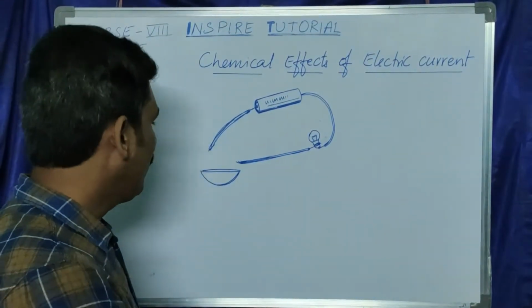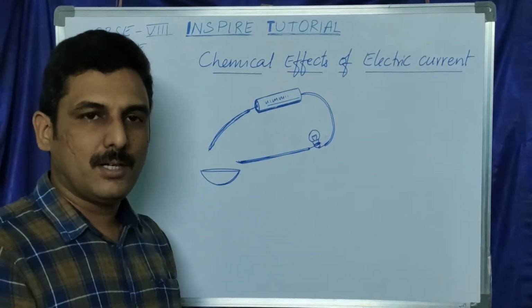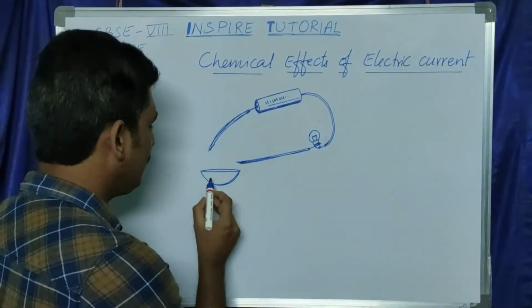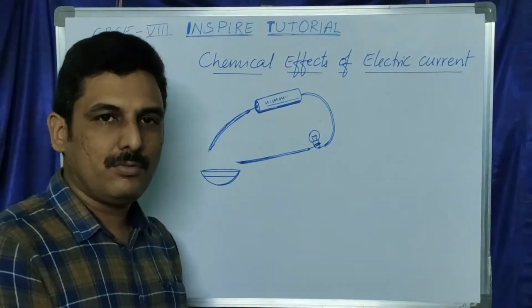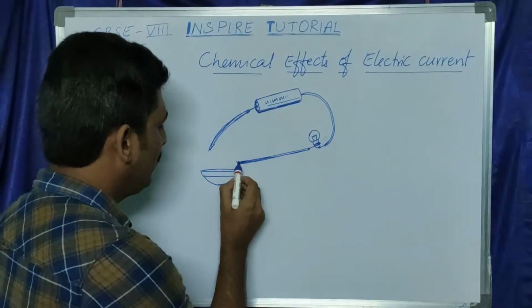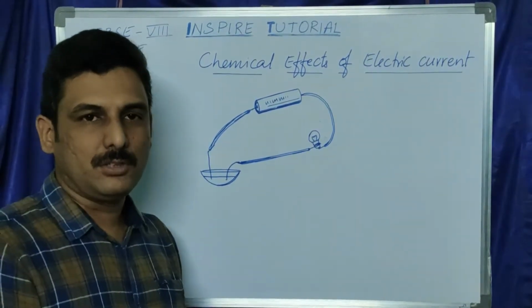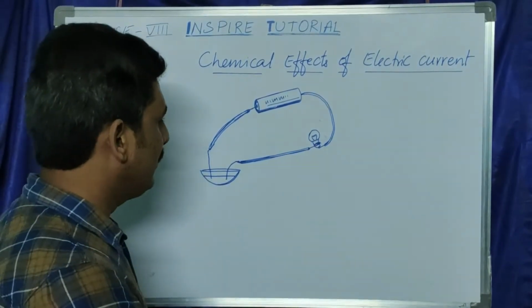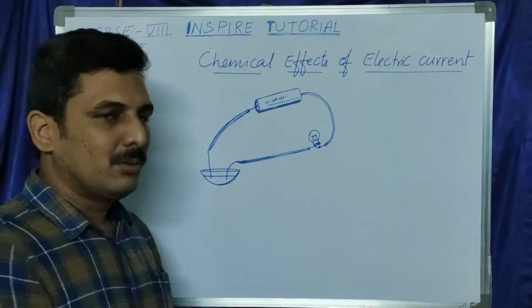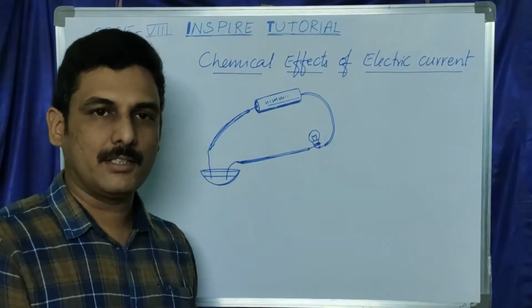For example, if you want to test whether current flows through lemon juice or not, we'll take a small bowl like this filled with a small amount of lemon juice, and now both the ends will be kept inside the juice or liquid. Then if the bulb glows, it indicates this is a conductor of electric current.